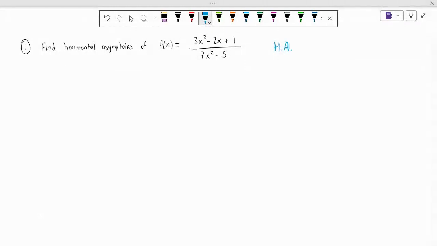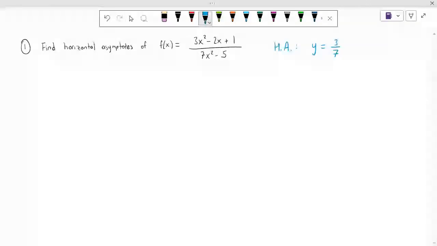Yeah. So we went over this on Monday. For a rational function like this one here, if the degree of the numerator matches the degree of the denominator, which in this case it does, you can get a horizontal asymptote by taking the ratio of the leading coefficients. 3/7 gives you that horizontal asymptote.